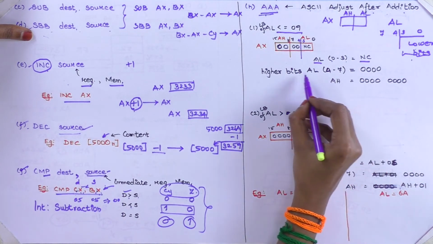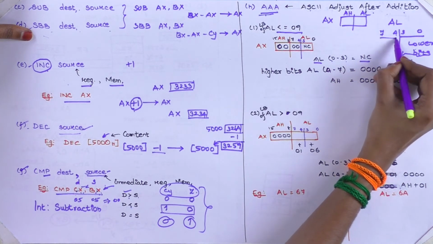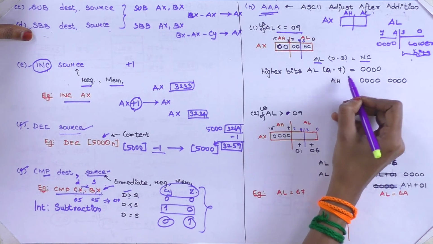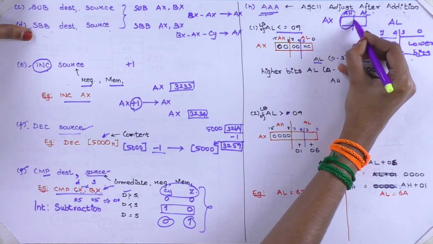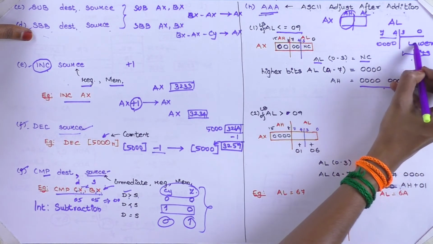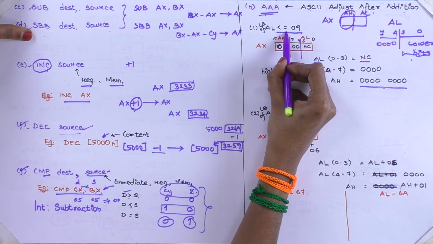The higher bits, 4 to 7, will become 0. Then the value of AH will become 0. This is what will happen when the lower bits of AL are less than or equal to 9.